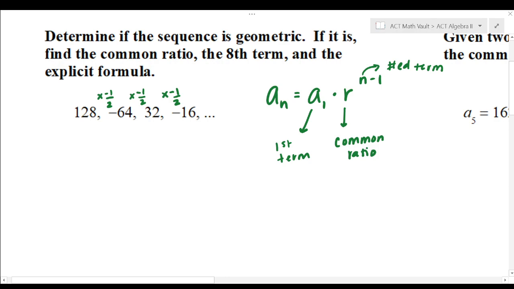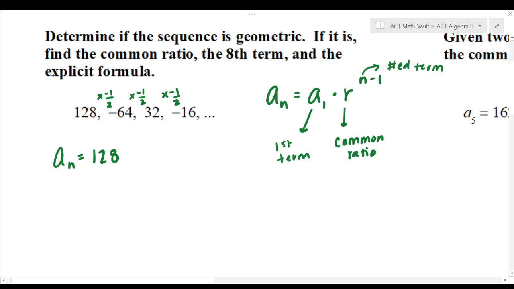Okay, so let's say we want the 40th term. 40 would be n. And then a sub n would be the term that you get when you plug 40 into the formula. Okay, so let's do a sub n equals, and then a sub 1 is the first term, 128.